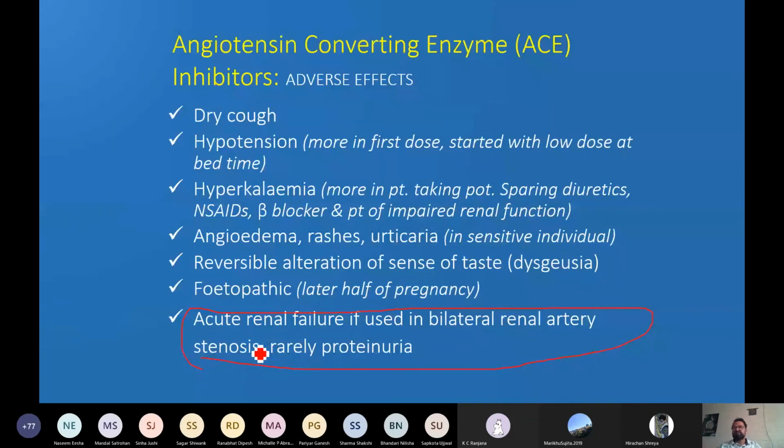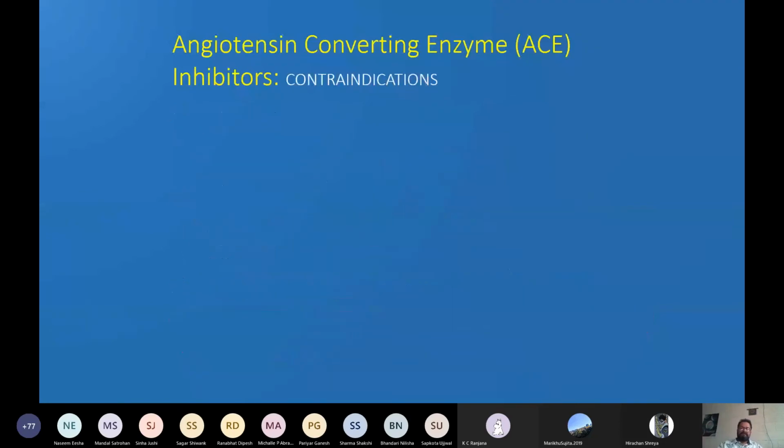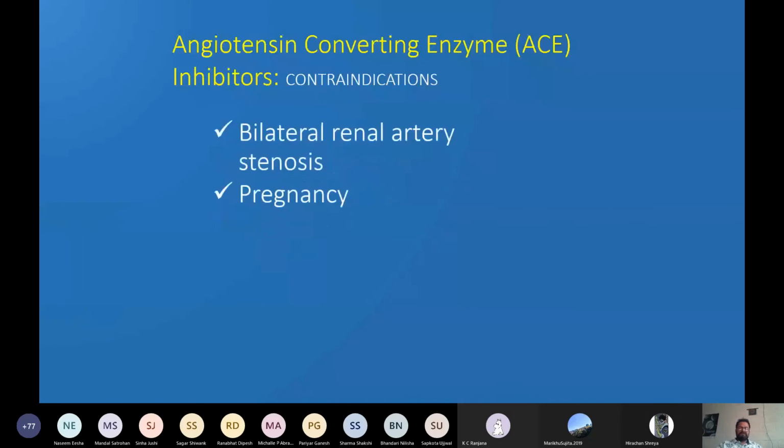If that happens, then the kidney function may not work at all. So the contraindications, both of which I just discussed, are bilateral renal artery stenosis and pregnancy.